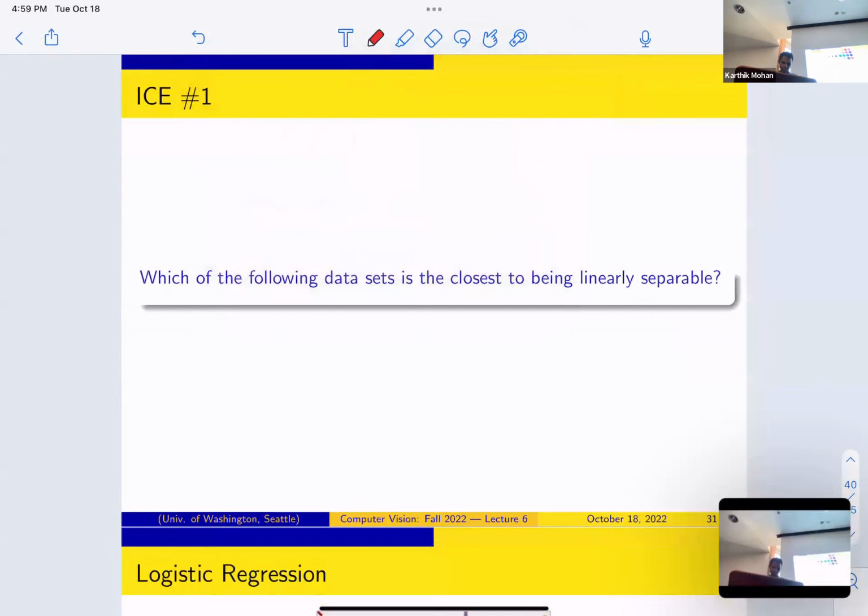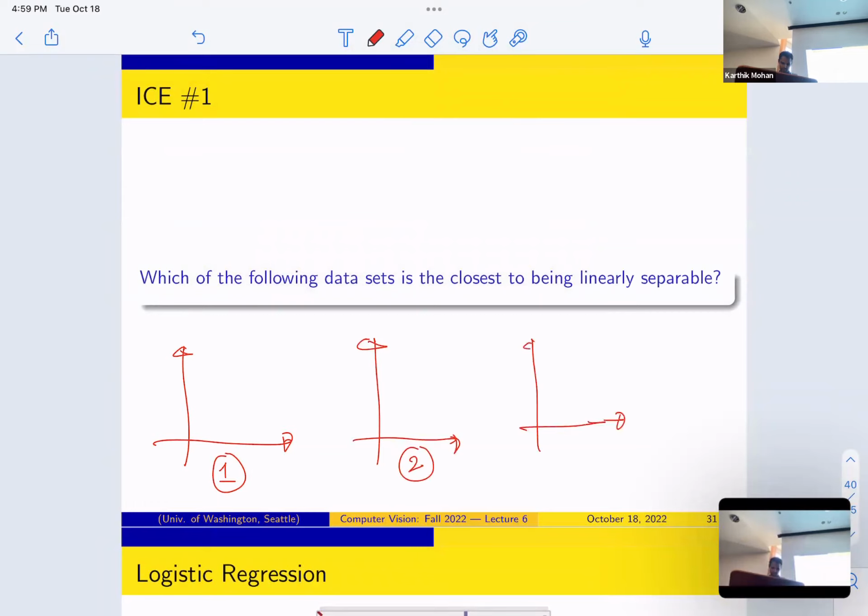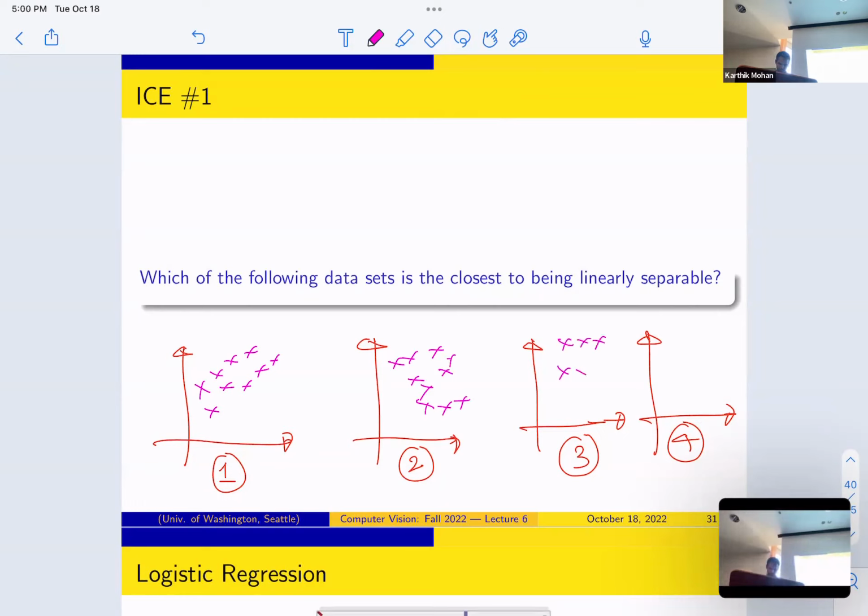Okay, so we don't have those data sets, so let's create them. 1, 2, 3, and 4. Okay, this is one class.